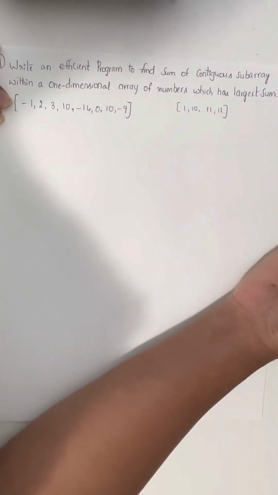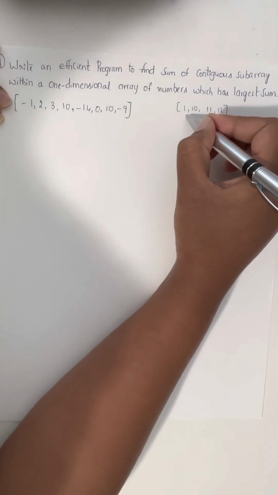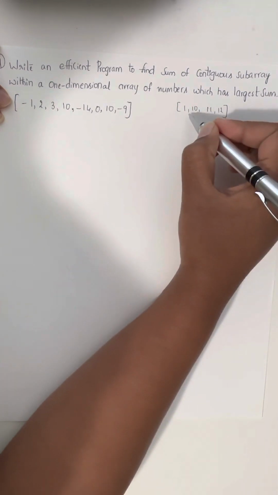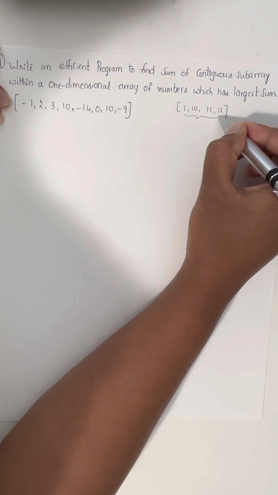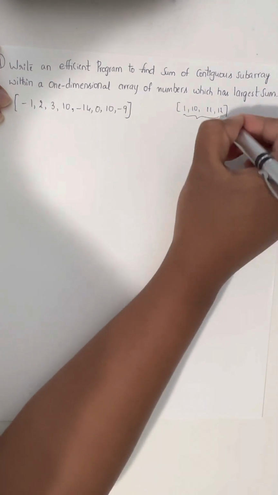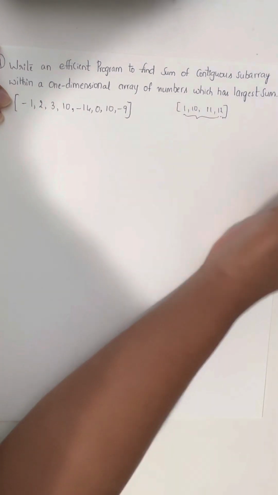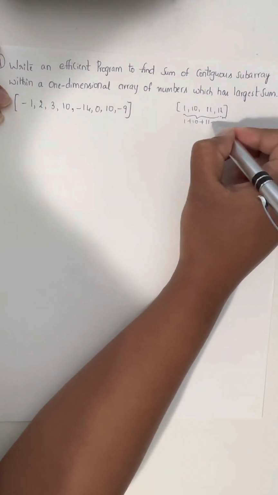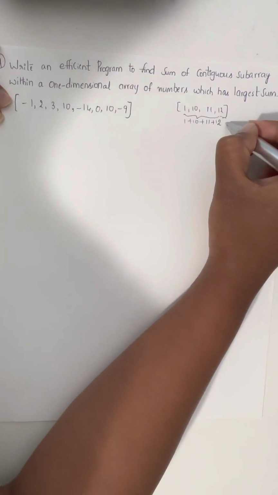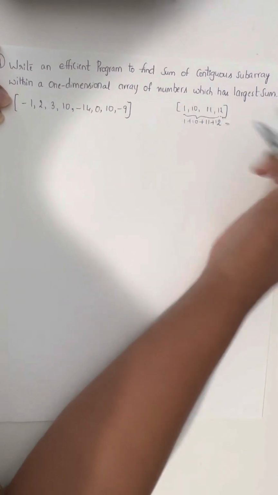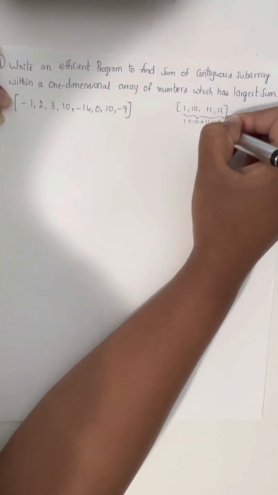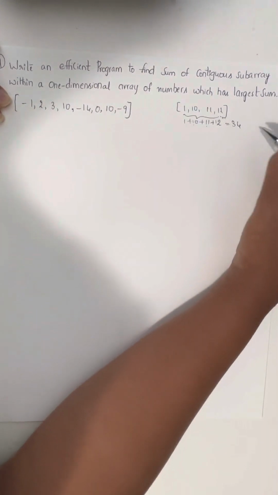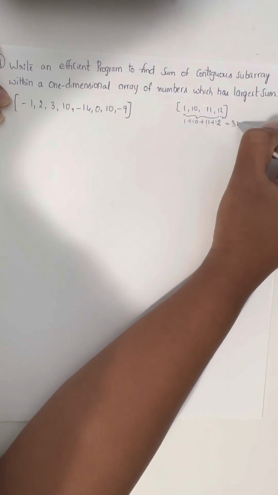Then we don't need to do much, because if we have all positive numbers, to find the largest sum, all we need to do is add all the numbers from index 0 to the length n, which becomes 1 plus 10 plus 11 plus 12, which is 1 plus 10 is 11, 22 and 34. So 34 becomes our answer.